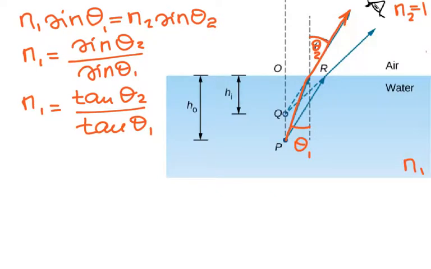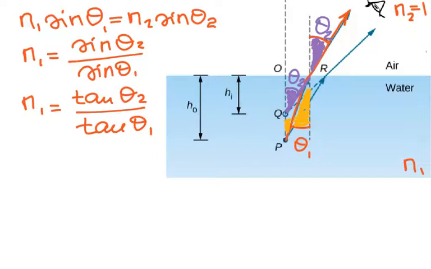To use the tangent part, I will make this line a little bit longer, in purple, where theta 2 is, and that is also theta 2. Because this angle is theta 1, this angle is also theta 1. So these two green angles are theta 1, and these two purple angles are theta 2.